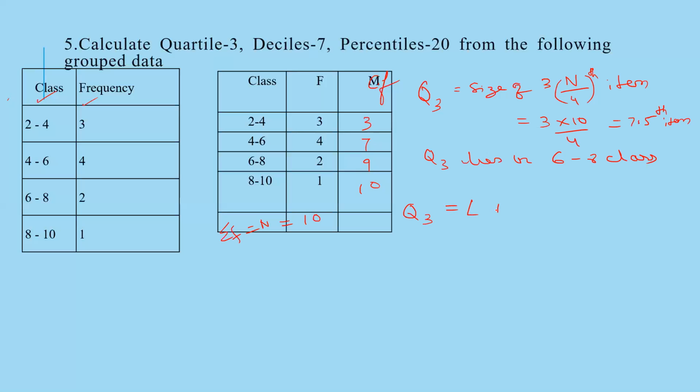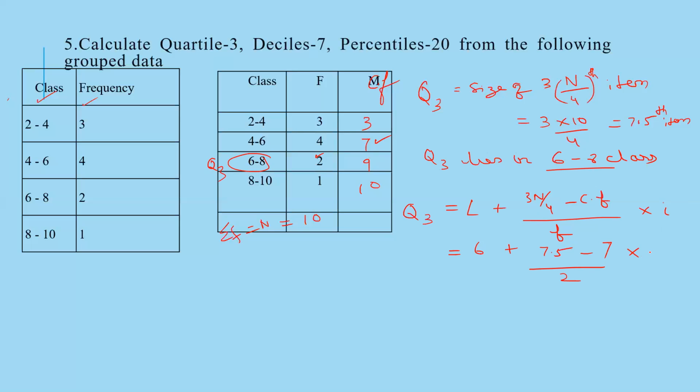It's all the same: L plus 3n by 4 minus the cumulative frequency of the class before the quartile class, divided by frequency, into I. L is nothing but the lower limit of the quartile class, so it is 6. 3n by 4 we have already calculated, and the cumulative frequency of the class before the quartile class is 7, divided by the frequency of the quartile class, which is 2, into the class interval.